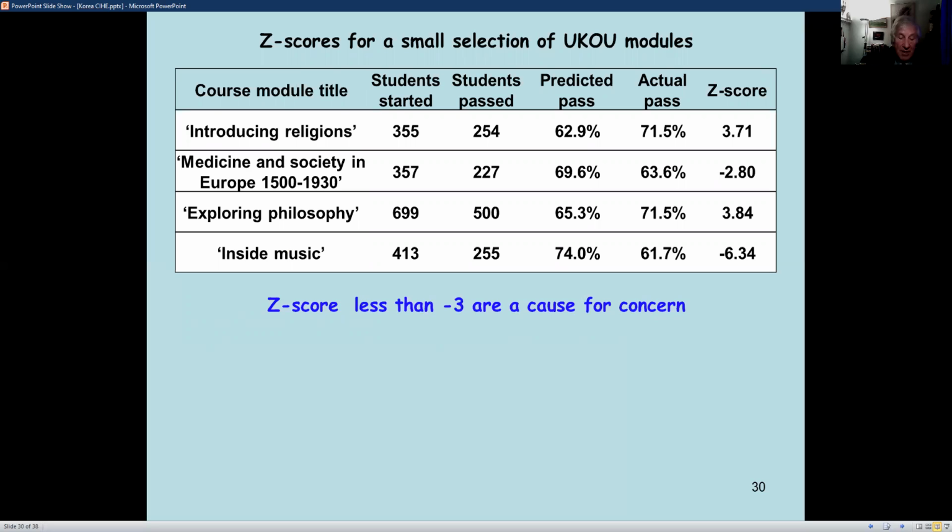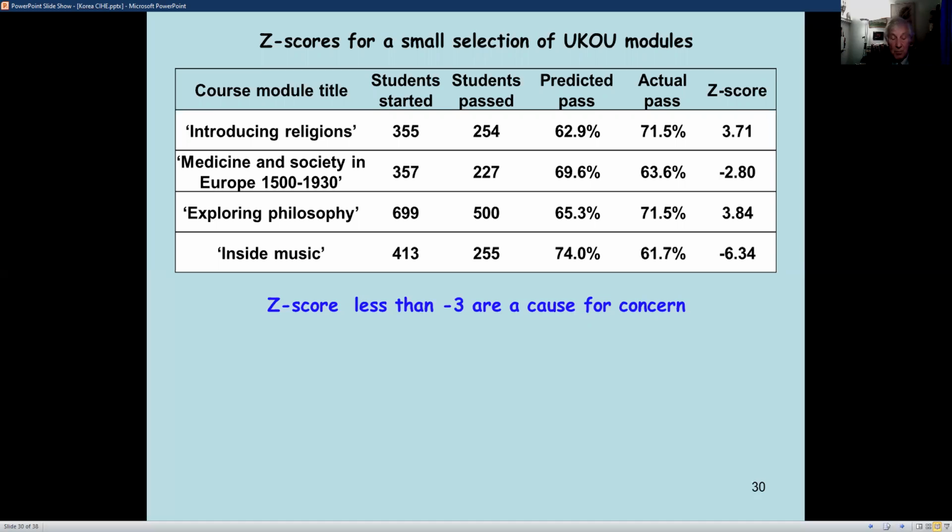For each of the UK Open University course modules, the system can calculate what its pass rate should be from its student population and compare it with the actual pass rate. The system then calculates a Z-score, which measures the difference.